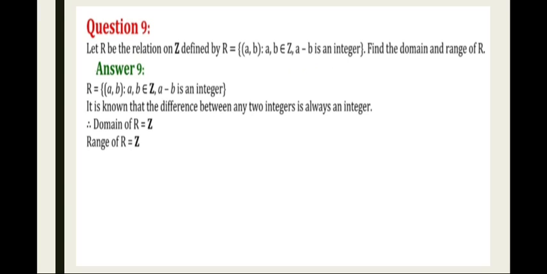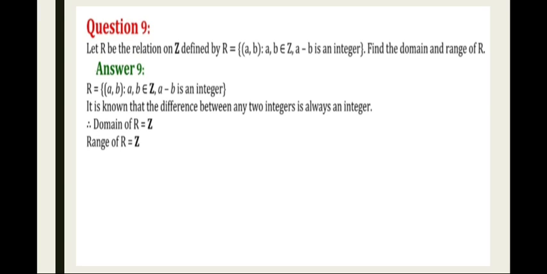Now, question number 9. If R is the relation on the integer set Z defined by R equal to (a, b), where a, b belong to integers and a minus b is an integer, find the domain and range of the relation set.